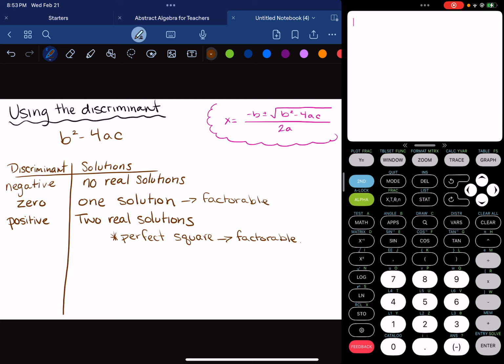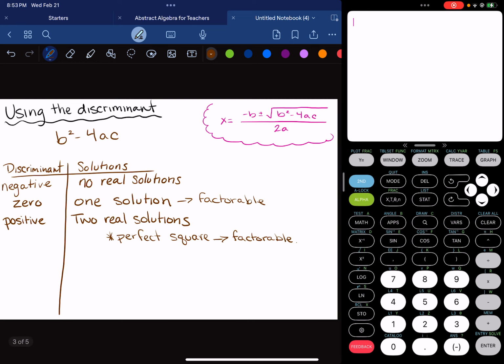If the discriminant is not a perfect square, like for say 29, then we know that we can't factor the problem and we would have to use the quadratic formula. But if we're solving for the discriminant, we find that it's something like 16 or 9 or 25, those numbers we can take the square root of, and that means that we can factor this problem.